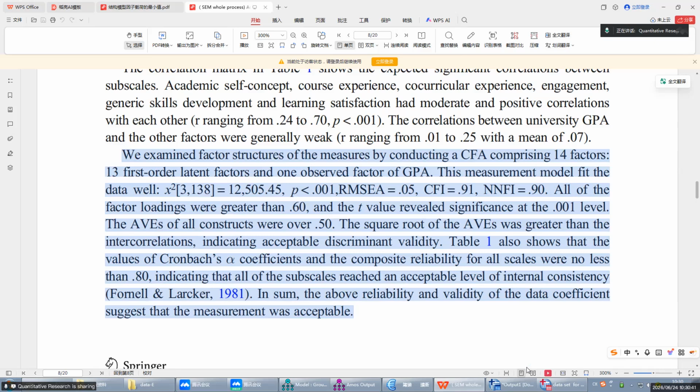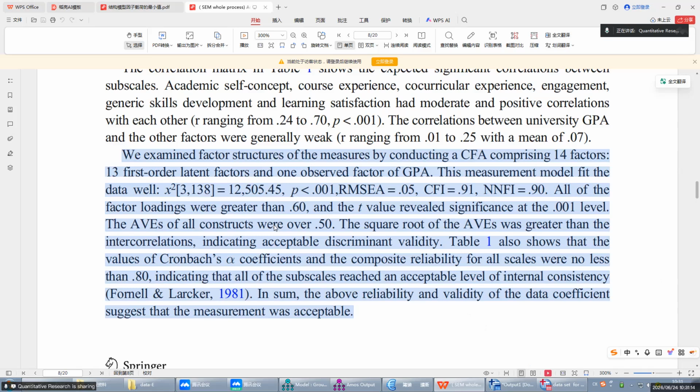And then you can see RMSEA. It's okay, right? CFI, it's okay. NNFI, just TLI, it's also okay. Next, you can see all of the factor loadings greater than 0.6, the criteria.